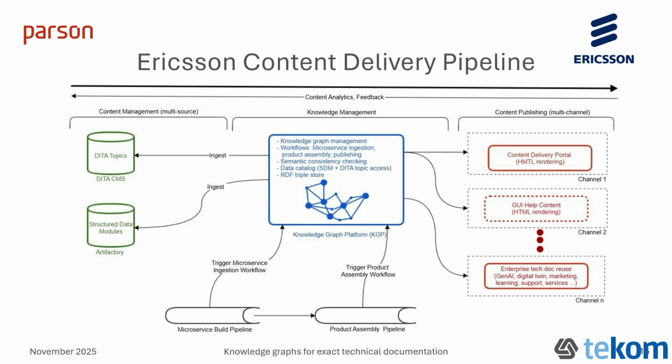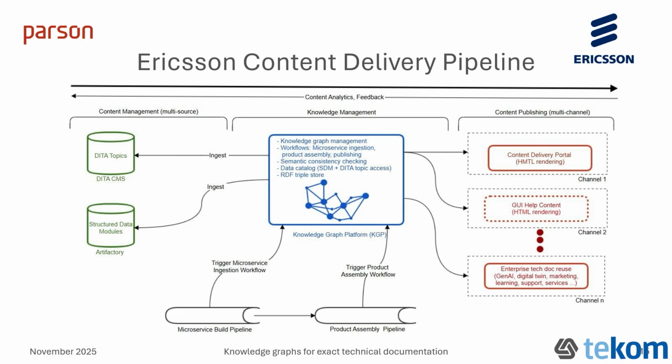And on the publishing side, in red, we have Ericsson proprietary HTML-based content delivery or portal. And we also have, but that is not a priority for us right now, online help and graphical user interface-based products.